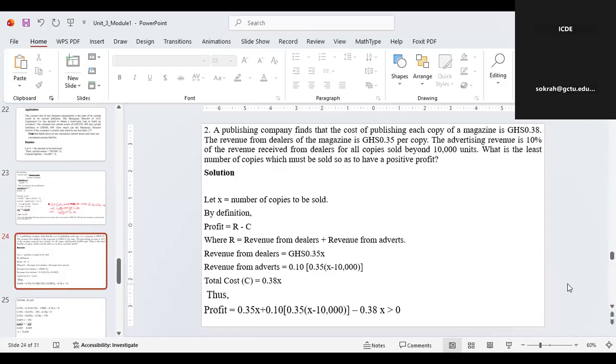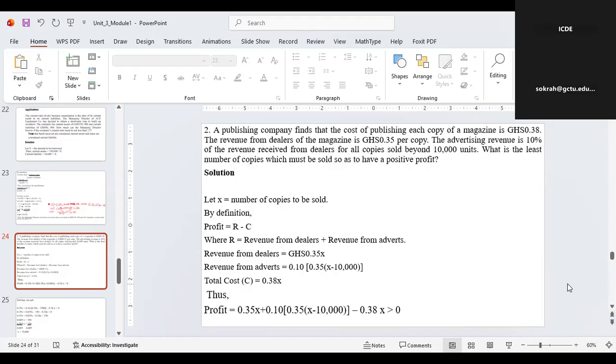Nice question too. It says a publishing company finds that the cost of publishing each copy of a magazine is 0.38. The revenue from dealers of the magazine is 0.35 per copy.